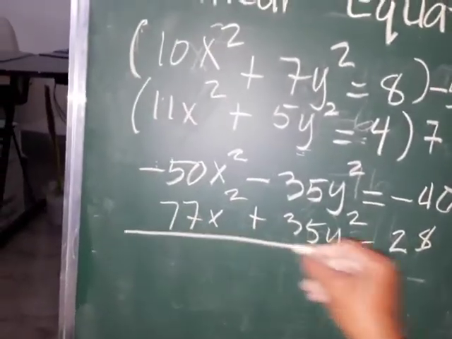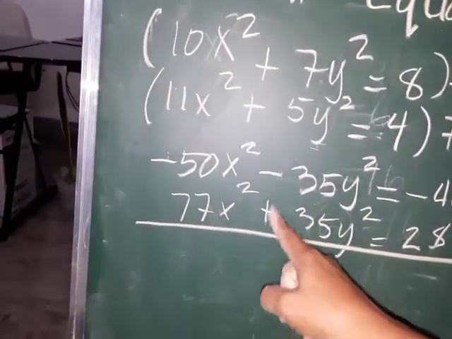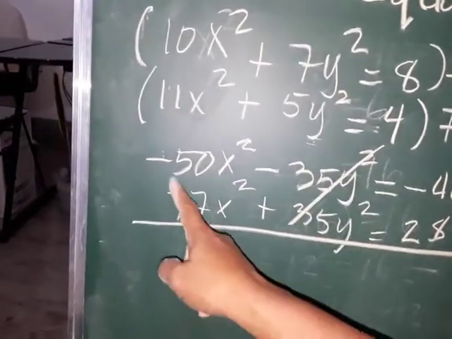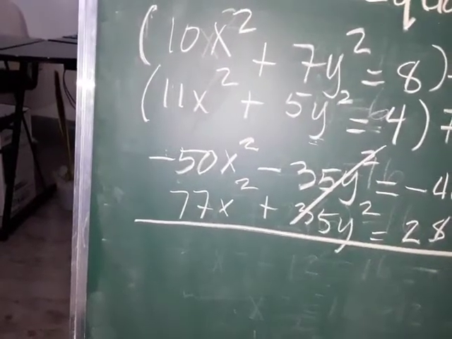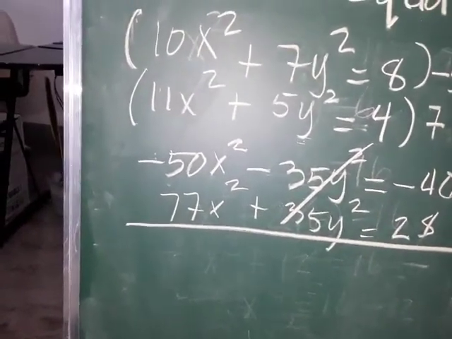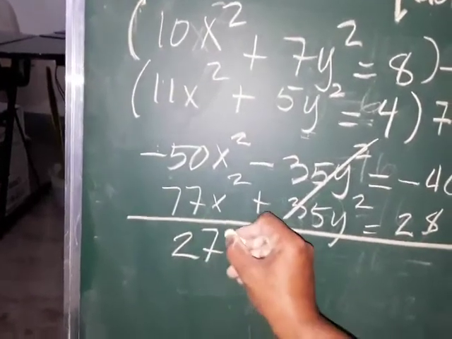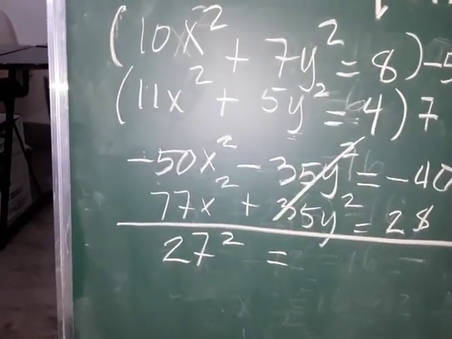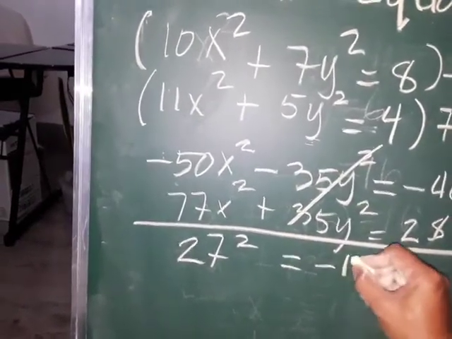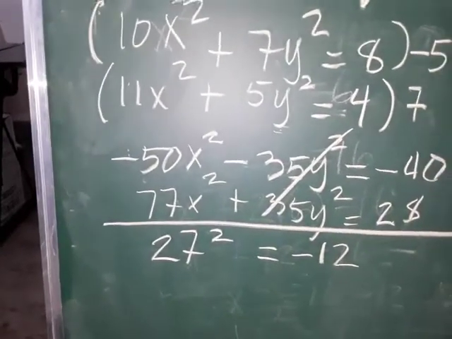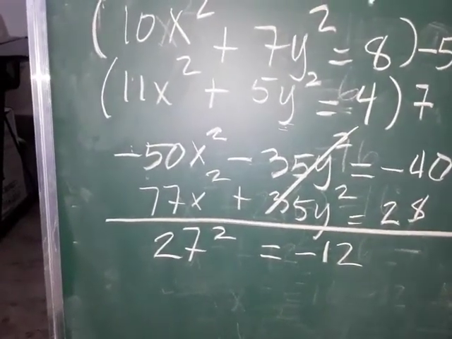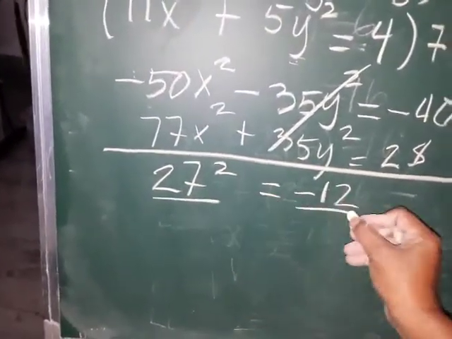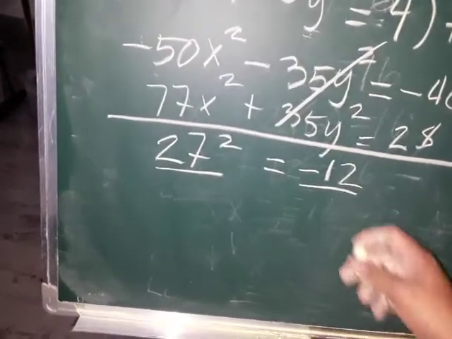Okay, proceed to addition. They are the same with unlike signs, so cancel. Then negative 50x squared plus 77x squared, we have 27x squared is equal to negative 40 plus 28, which is negative 12. Next, if you see our answer, this may be a fraction, so divisible by 3.